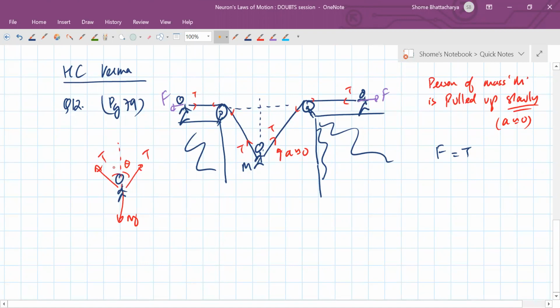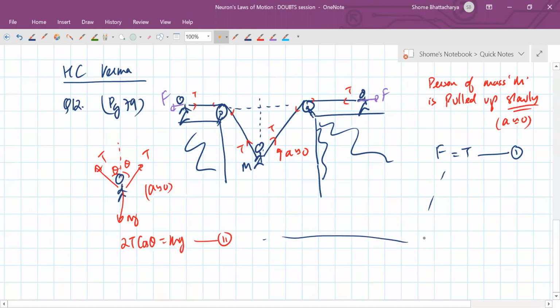So if these two angles are theta, you can see that acceleration tending to zero means 2T cos theta is equal to mg. Say this was your first equation, this was your second equation. Solving these two equations now, you will get that the amount of force they have to apply is mg by 2 cos theta.